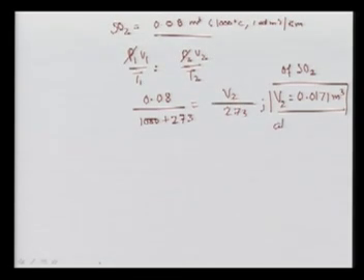This is the volume of SO2, but remember at what condition? At 0 degree Celsius and 1 atmospheric pressure. Okay, fair enough. Now, I want to convert this volume of SO2 into mass. So, how can I convert this volume into mass?